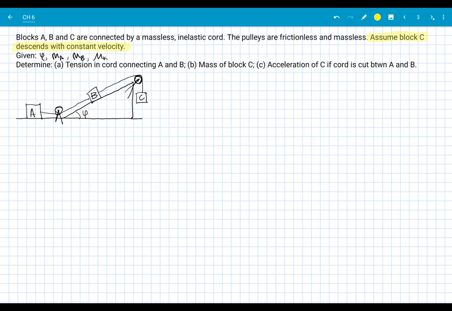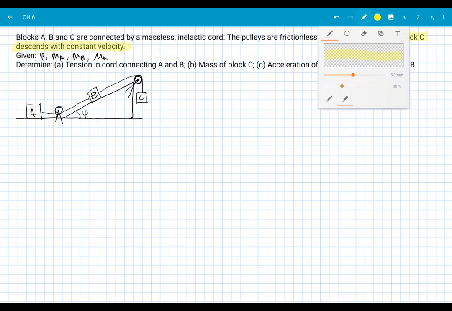Pretty cool. We're given phi, the angle of inclination of the ramp. We're given the masses of blocks A and B. We are not given the mass of block C, and we are given the coefficient of kinetic friction between the surfaces at both interfaces.